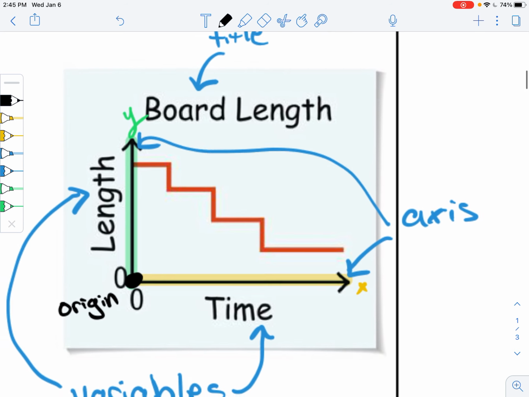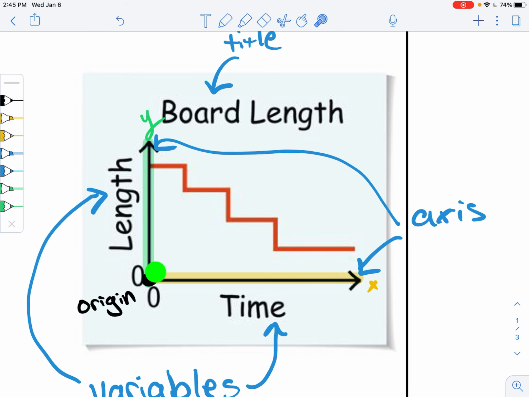This is the length of the board. And when we look at this graph, it's saying when we start out, our board is this long. And then it stays that way for a little bit when suddenly it gets cut and now it's shorter. And then it stays that length for a while and then we come back and we chop it shorter. And now that board is this long. So that represents the length at that time.